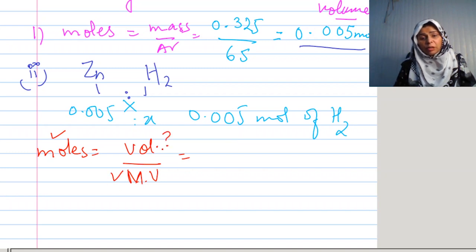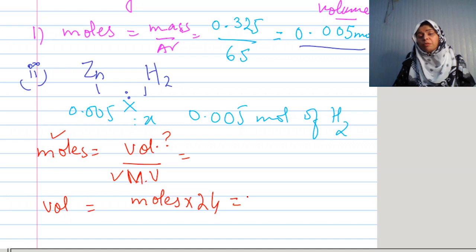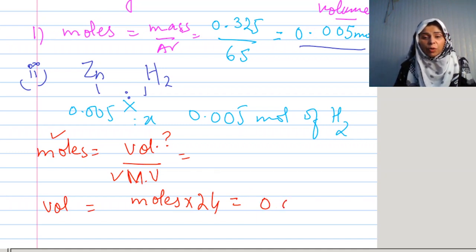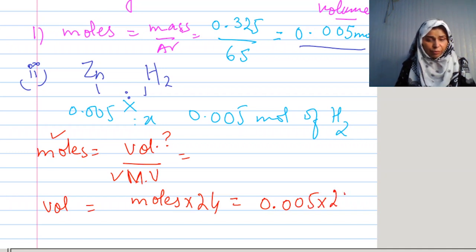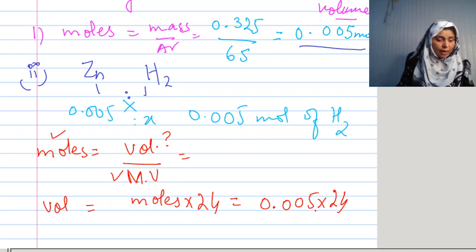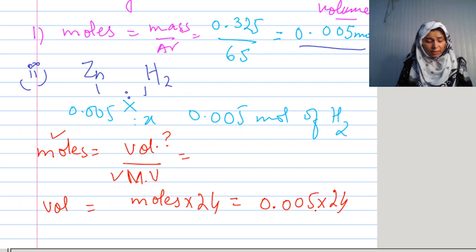Can we calculate the volume of the substance? Yes. So to calculate volume, moles times molar volume, that is 24 decimeter cube, if we want the answer in decimeter cube. Then 0.005 multiplied by 24 gives the answer. If we get the answer in decimeter cube, what will we do?